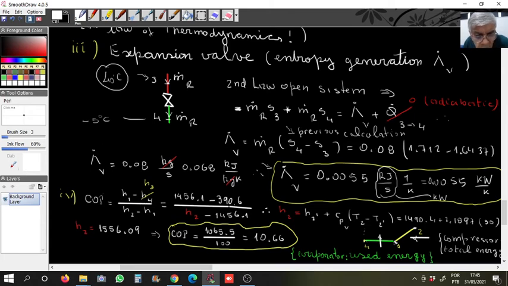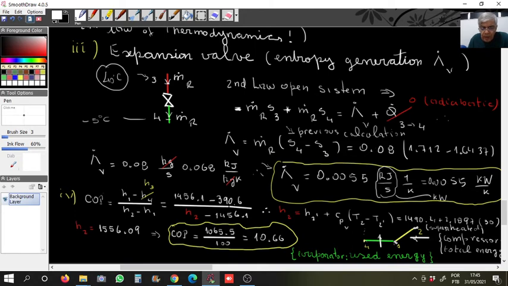This is from the table, and H1 is from the table. Now, I need to calculate H2. I don't have H2. Do you remember the temperature here? This is superheated. I calculated S2, but I don't have the entropy over here, and I need it to calculate the coefficient of performance.